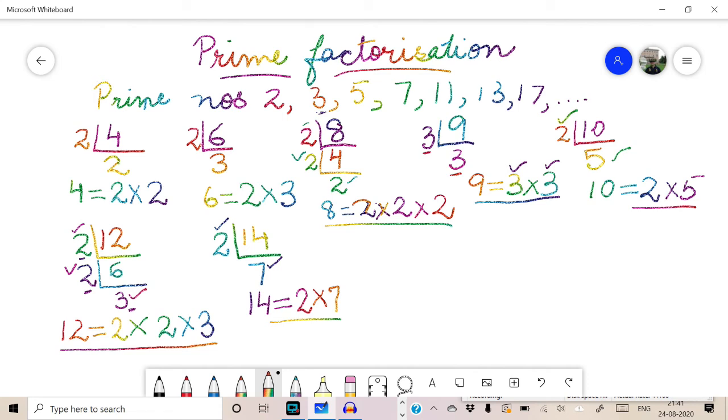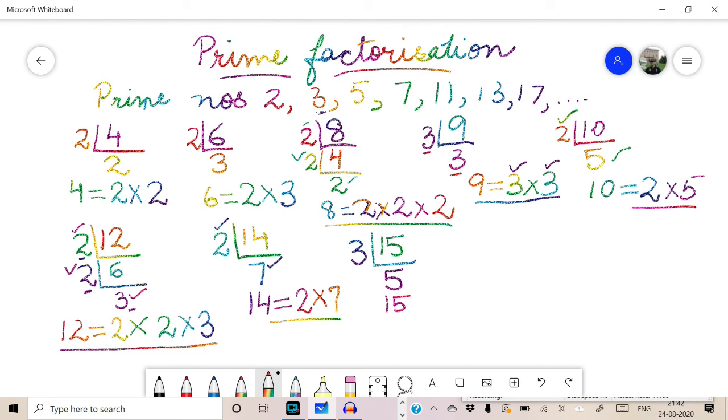After 14, the next composite number is 15. Now think of the smallest prime number with which 15 can be completely divided. It's an odd number, so it cannot be divided by 2. But it can be divided by 3. 3 5s are 15.